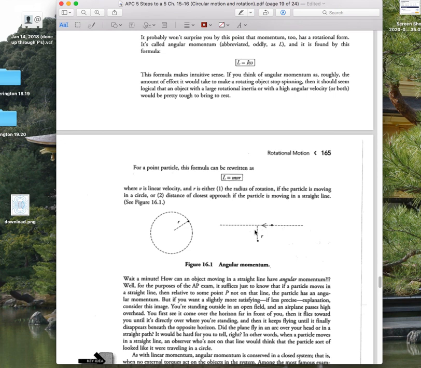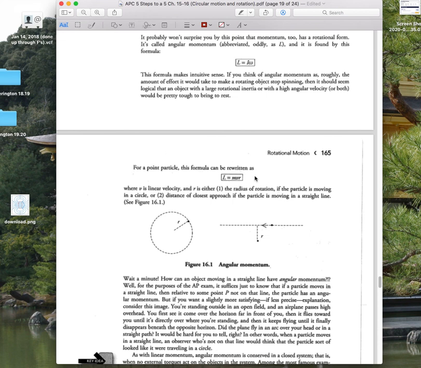Okay, so what we may end up doing is, like I said, this is always conserved, just like linear momentum is always conserved in all collisions. Energy may not be. Mechanical energy may not be. So energy can be converted into heat and other things.